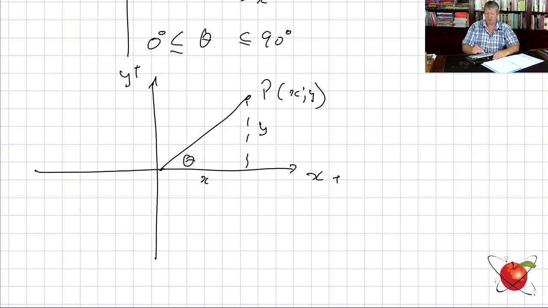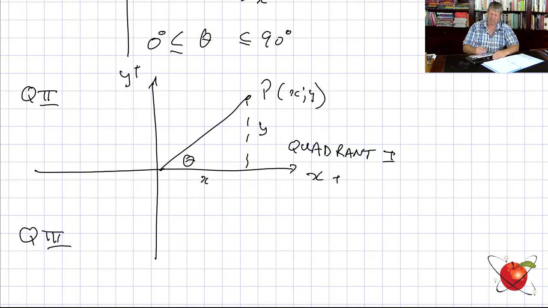Now in this area here, we call this quadrant 1. They usually use Roman numerals: quadrant 2, quadrant 3, and quadrant 4, all right? What we need to see is that x here is minus and y here is minus.